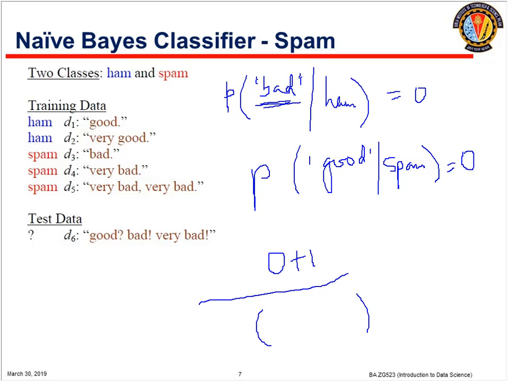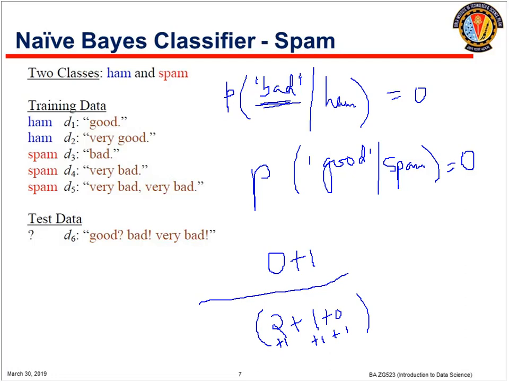There are 2 goods plus 1 very plus 0 bad, but because we do Laplace smoothing, we add 1 to each count. Good becomes 3, very becomes 2, and bad becomes 1.